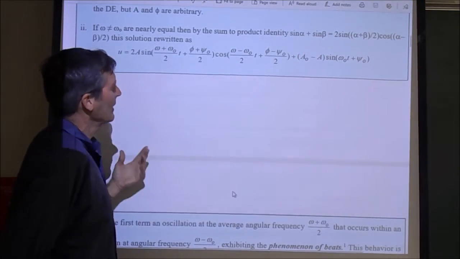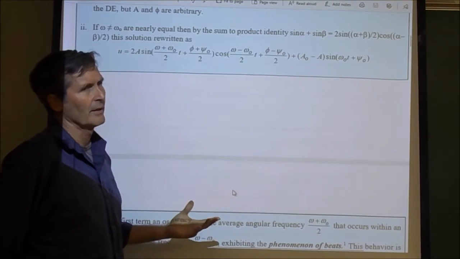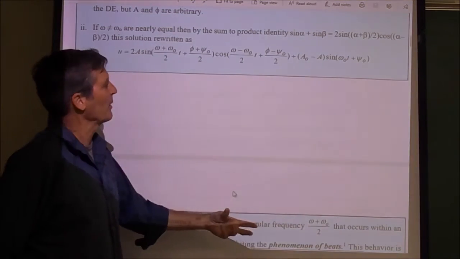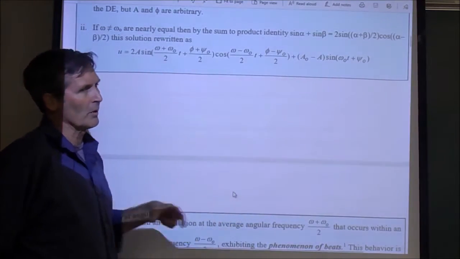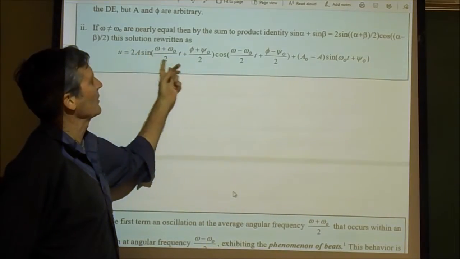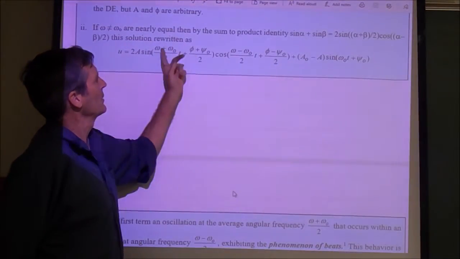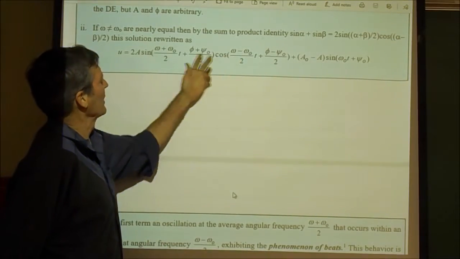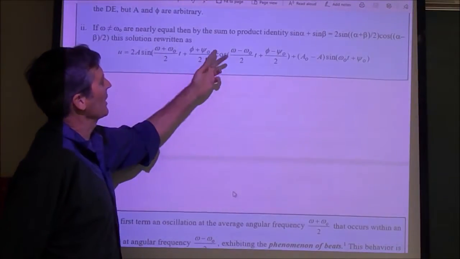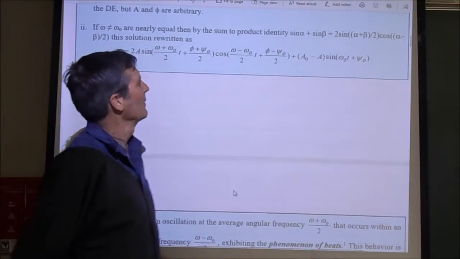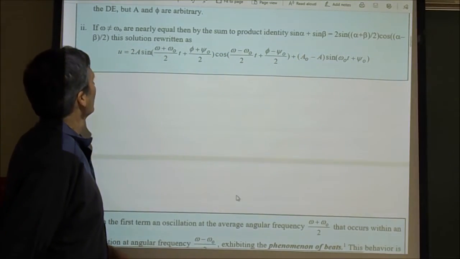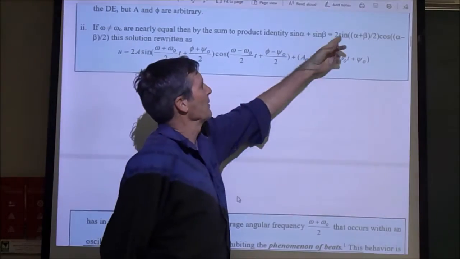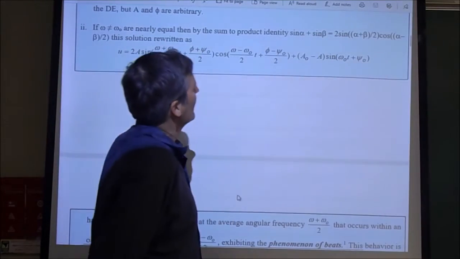So what you have to do is take the homogeneous part of the solution and the particular part of the solution, take the smaller of their two amplitudes and add those together, and use trigonometry to combine those two same amplitude sine waves into a product of sine times cosine, using this trig identity for a sum of trig functions. It can be rewritten as a product formula. It's called the sum to product formula.